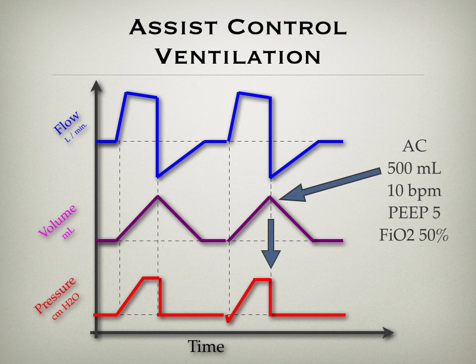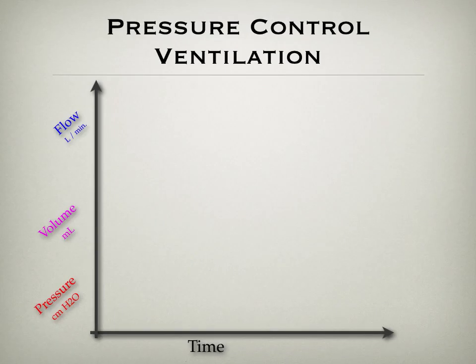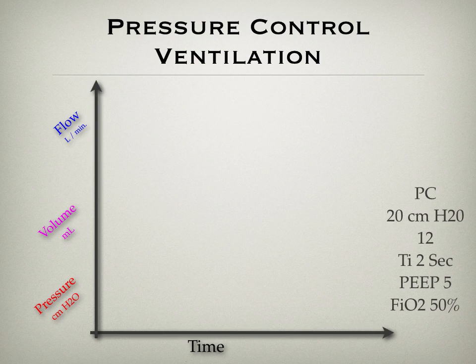Now pressure control ventilation is very similar, but instead of setting a volume, we're going to set a pressure. In this case, we're going to set a pressure of 20 centimeters of water above PEEP at a rate of 12. Because pressure mode is a time cycled mode, we're going to set an inspiratory time of 2 seconds.